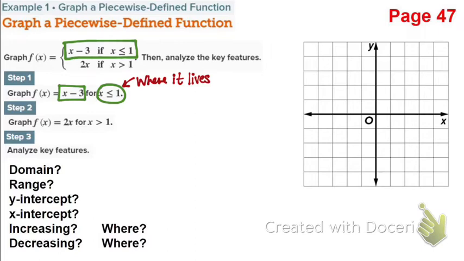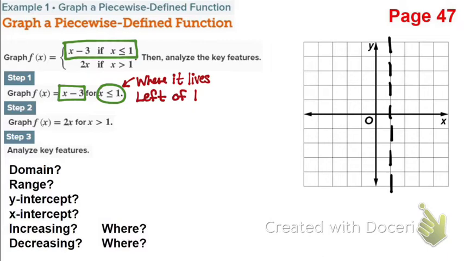At 1. X is less than or equal to 1. So I'm going to come over here, and I'm going to draw in my little fence. That's really wide. I'm going to make it just a little bit more narrow. All right, here's my fence. It says less than. Left of 1.